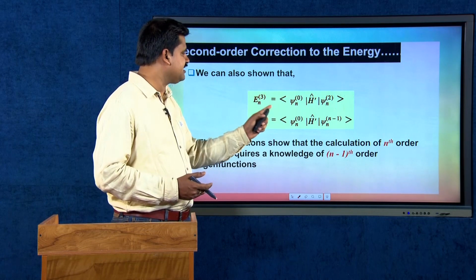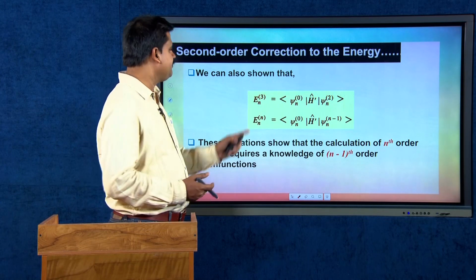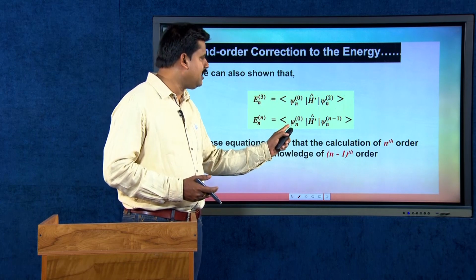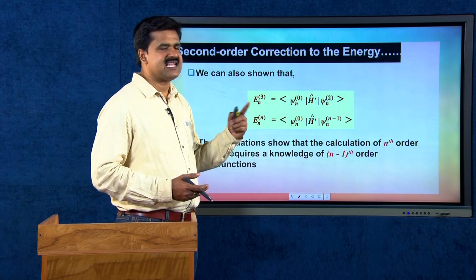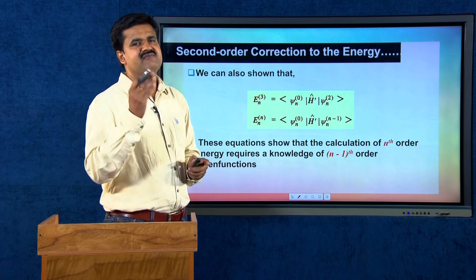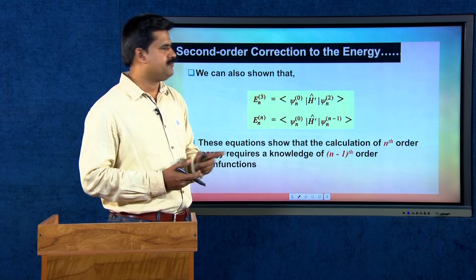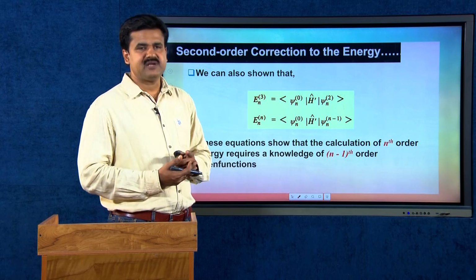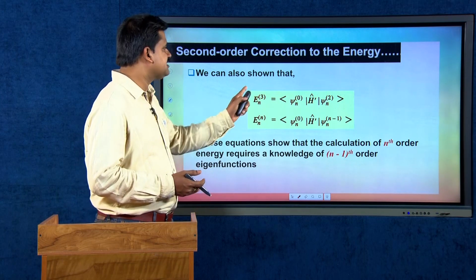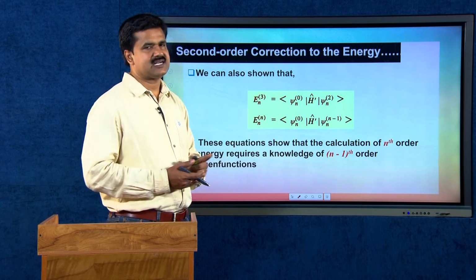If I put it in the integral representation, E_n^(n) is equal to the integral of psi_n^0 star H-hat' psi_n^(n-1), where n represents the order of the correction, and that is the generalized equation for nth order correction to energy. From this, this is the third order correction, this is the nth order correction.